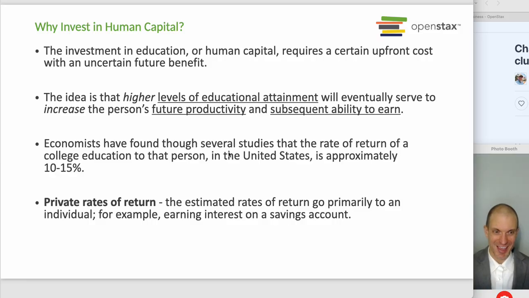In the context of investing in human capital, the idea is like, hey, look, the individual student invests in their own education, their time, their money, their resources, and they get a rate of return. This seems low, 10 to 15%, I think it's higher than that, but fine, this is the number they're going to use. That's going to be the rate of return that the person themselves captures.